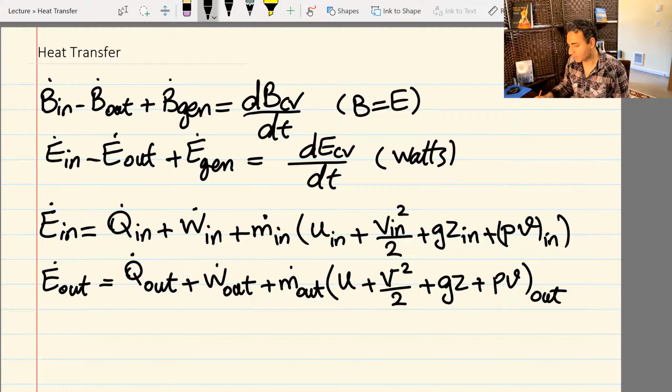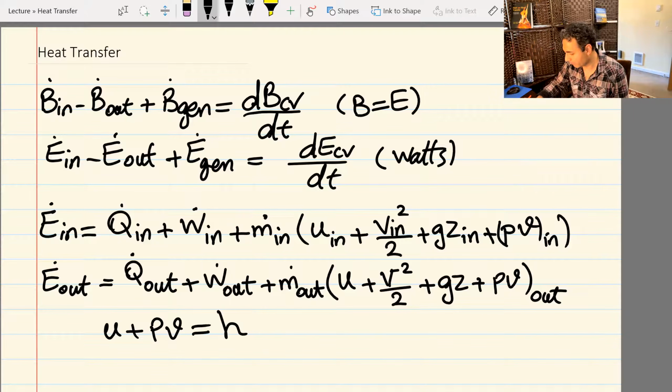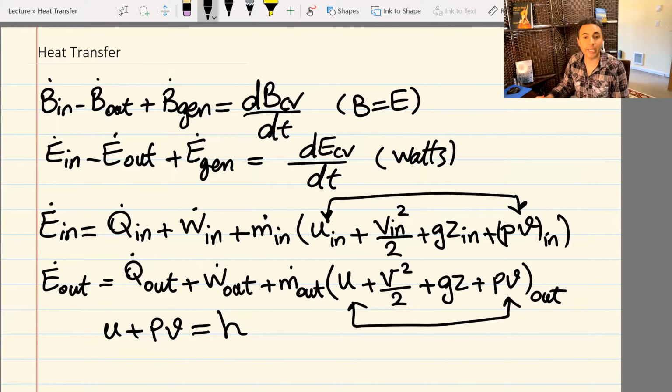Okay, that's it. Once you have all of this, you can put it together and write the first law of thermodynamics. There's one thing that you learn in thermodynamics, and that's that when you combine u plus PV, we also call that thing enthalpy. So I can rewrite these two together and these two together as h in and h out.